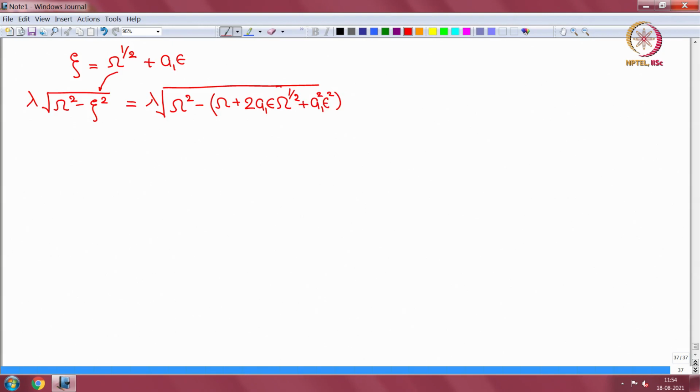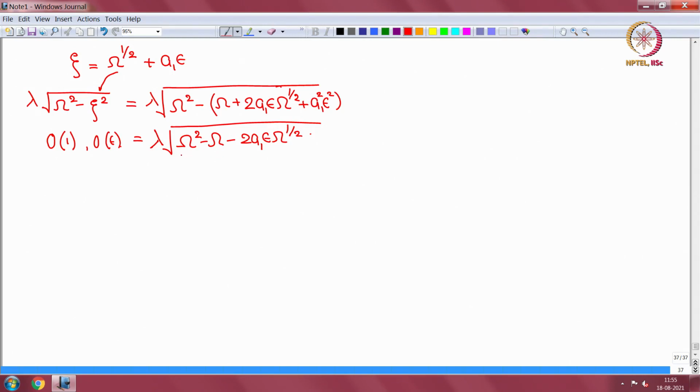So again there are order 1 quantities and there are order epsilon quantities. So let us keep till order epsilon quantities. So what do we get? We get lambda square root of omega square minus omega minus twice a1 epsilon omega to the power of half. Now because this is quite new, I will do it here.